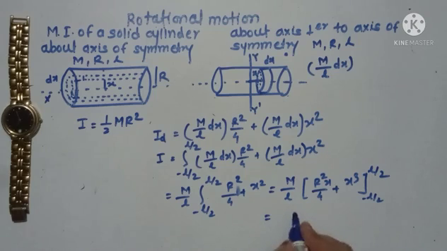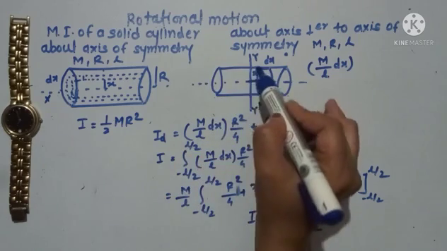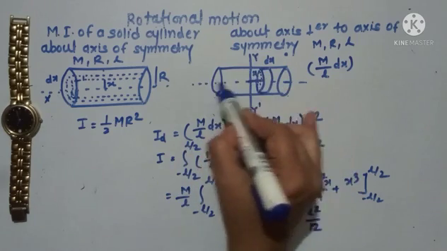And if we solve this, you are going to get, so this r square upon 4, l will get cancelled, and l cube upon this l, it will be l square upon this 12. This is the moment of inertia of this whole solid cylinder about the axis perpendicular to the axis of the symmetry.